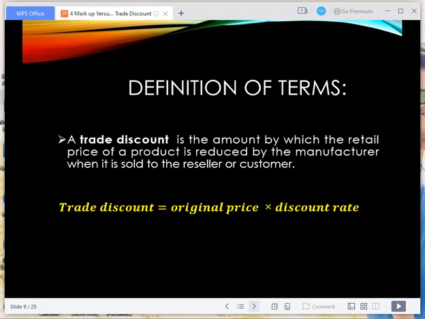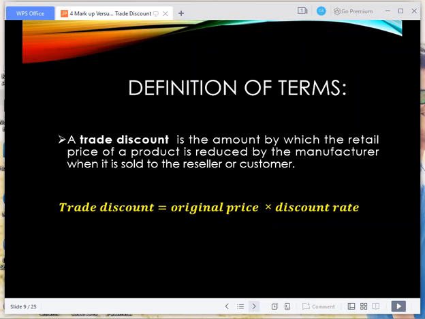Instead of selling it at the original price of, for example, 300 pesos, it is now discounted by 100 pesos. So instead of 300, with a trade discount of 100, you'll get now 200 pesos. So the price of your product becomes lower.